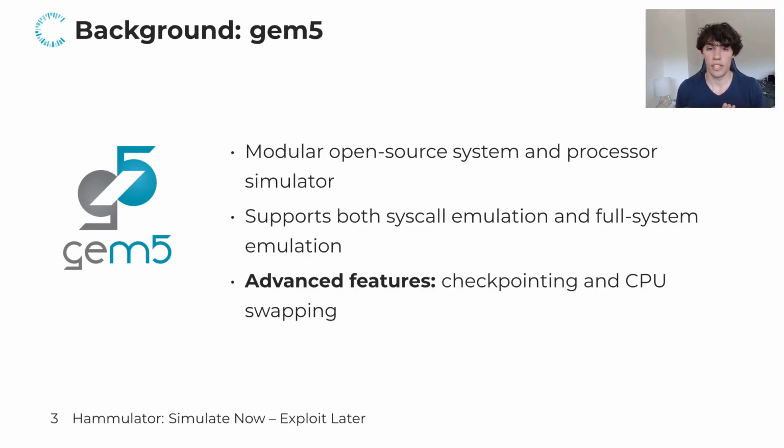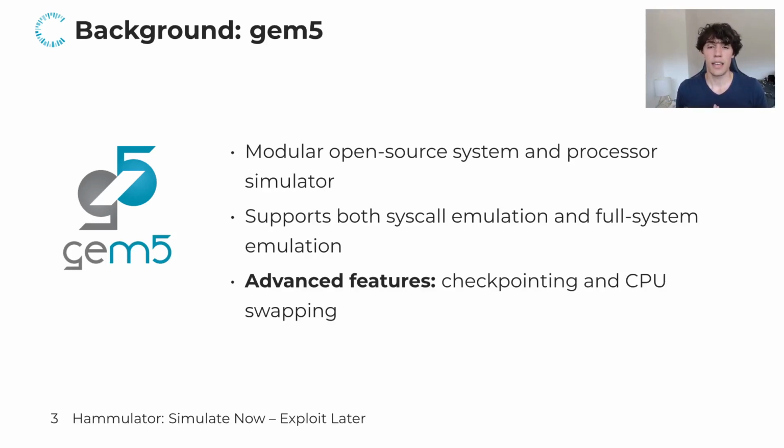And GEM5 also supports some advanced features, that is checkpointing, and we use that in Hammulator to basically go back to some checkpoint in the simulator. You can think of it as just VM snapshotting. That's another term for that. And it supports CPU swapping.